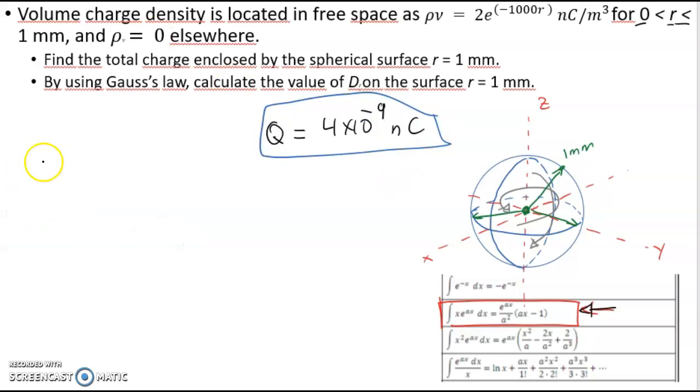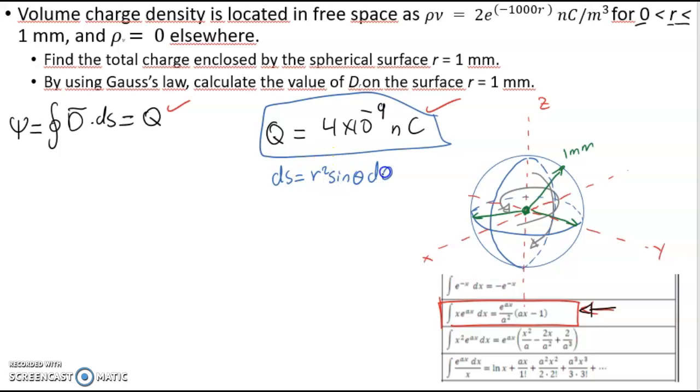If we recall, Gauss's law states that flux equals the closed surface integral of flux density times differential surface, which equals Q. We already know the value of Q, so we need to get the differential surface. For a sphere, it's going to be radius squared sine of theta d theta d phi, and the radius becomes a fixed value.